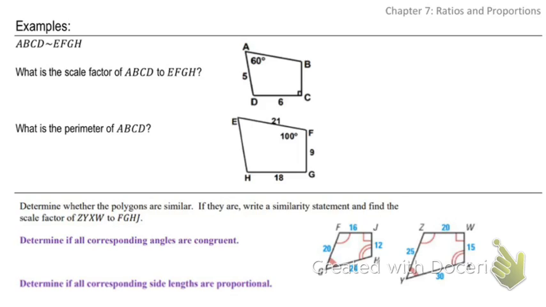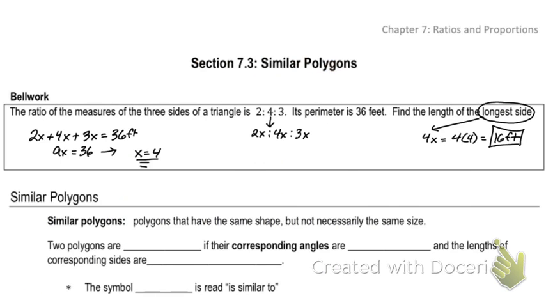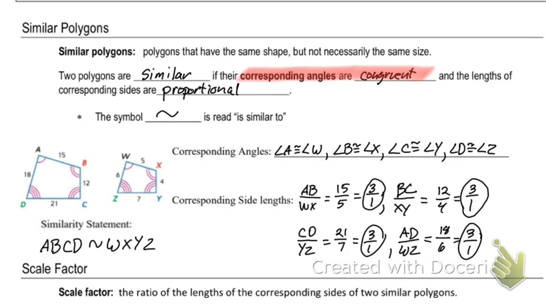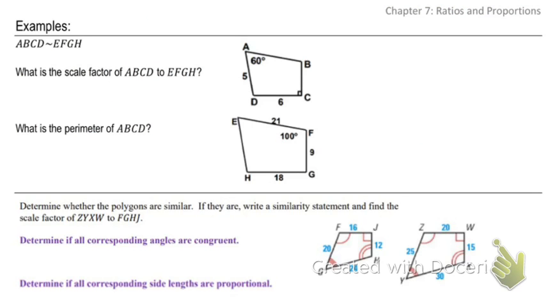So what you're going to say is, similar polygons have congruent angles. That was that big thing I highlighted, and I said it was super important. Corresponding angles are congruent in similar objects. So if A is 60 and A is similar to E, E has to be 60 degrees as well.